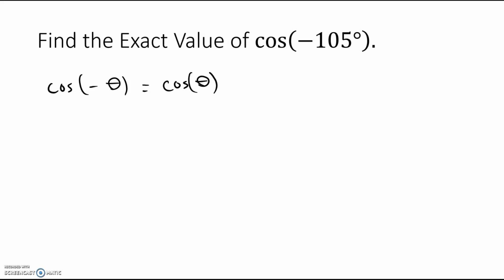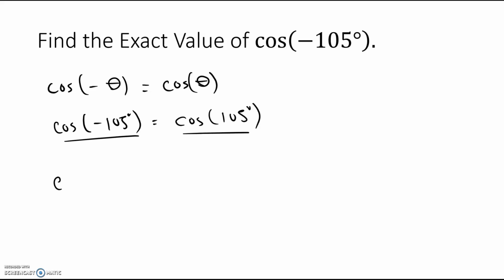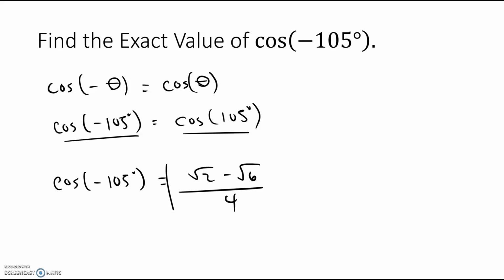So what it's saying is cosine of negative 105 is really the same thing as cosine of 105. And we just found 105 degrees for cosine. That was the square root of 2 minus square root of 6 over 4. So since these two are equal, that means the cosine of negative 105 is equal to the square root of 2 minus the square root of 6 all over 4.